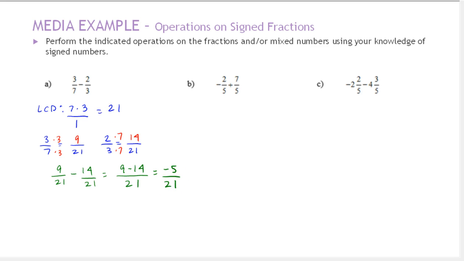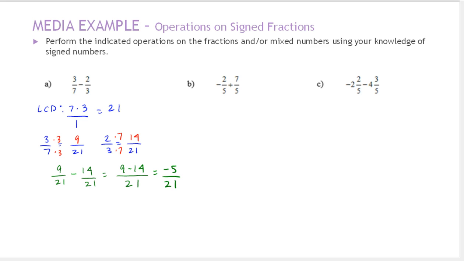Not a +5, so notice our result ends up being negative. We didn't know that at the beginning, and that was fine. We actually didn't even know it till this step. So we use the fact that 9 minus 14 is -5, but we didn't need to use any extra rules about signed fractions in particular.